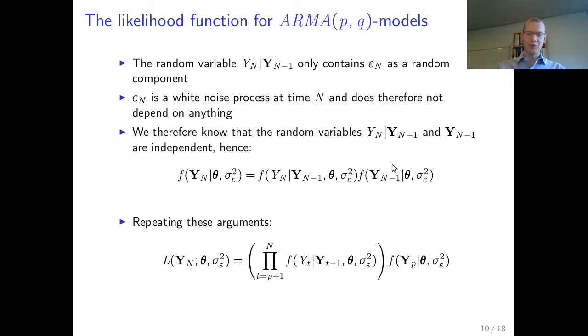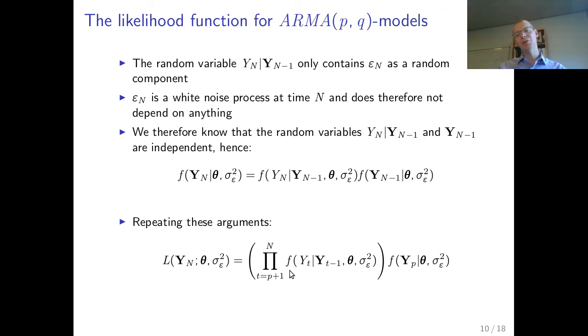So if we repeat these arguments for the density of y_(n-1), what we'll get is the following down here. We'll get all the one-step prediction errors, the density for those, from time p plus 1 to n.